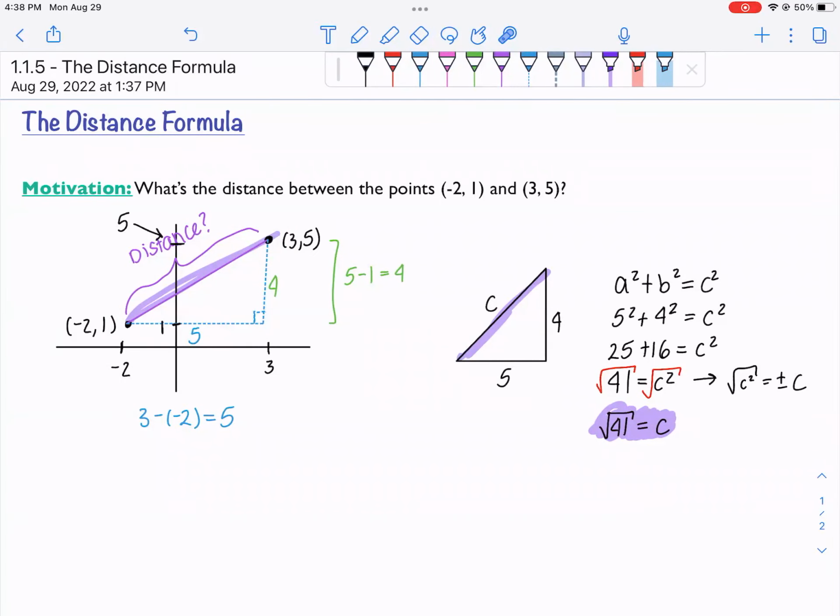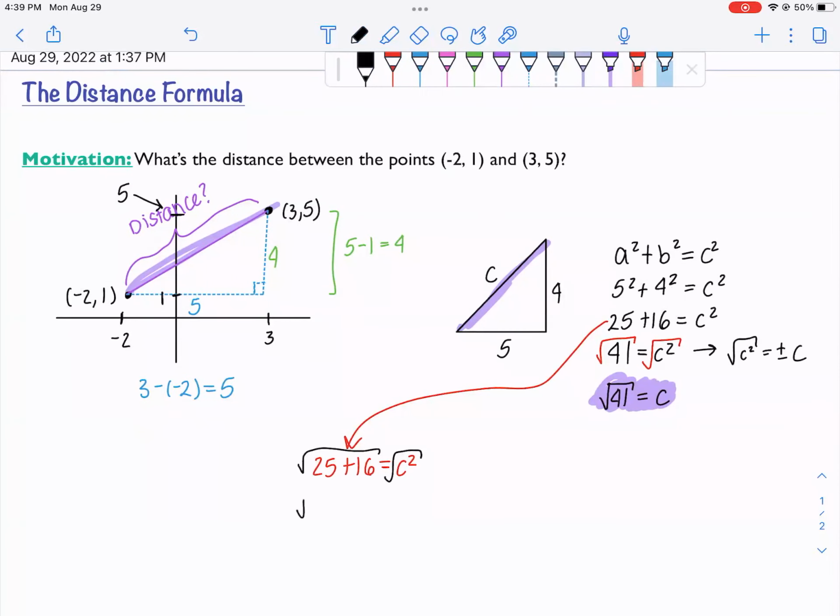Something important that I would like to point out at this step right here. When you have this 25 plus 16 equals c squared, notice that I did combine them into 41 before taking the square root. It's really important to do that. If you were to take the square root like this, which is still valid, what tends to happen is students try to break up the square root like this and distribute it over the addition sign.